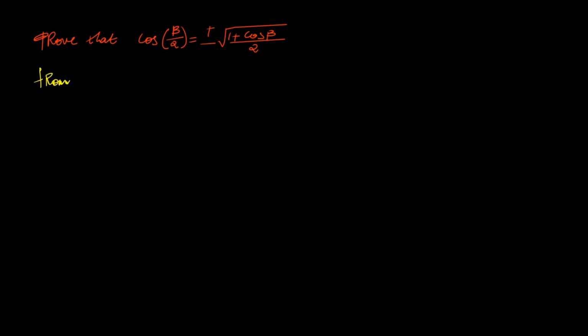So from that which we have up there in the previous frame, we say cos 2 beta is equal to 2 cos squared beta minus 1.